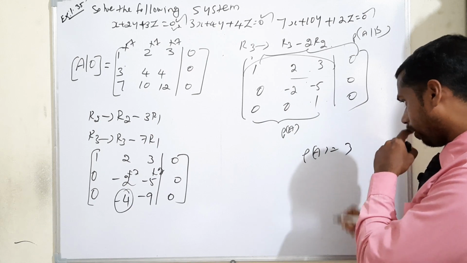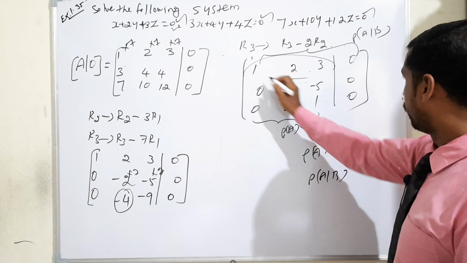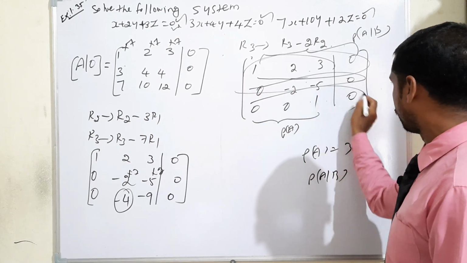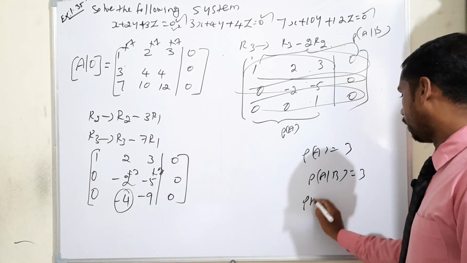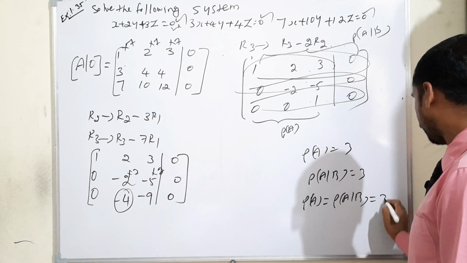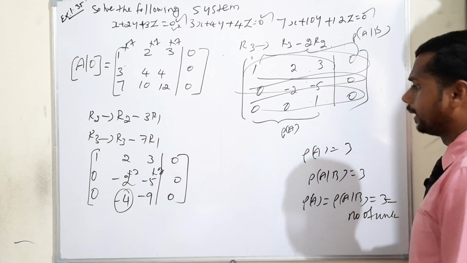So rank of A is 3. Rank of [A|B] is also 3, since all three rows are non-zero. Therefore rank of A equals rank of [A|B] equals 3, the number of unknowns. The first condition is clear.